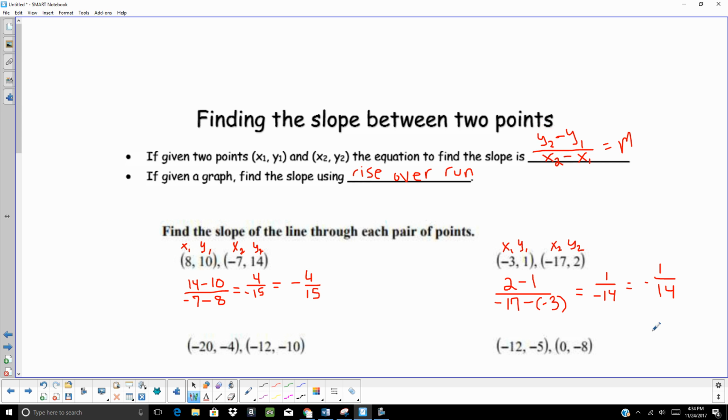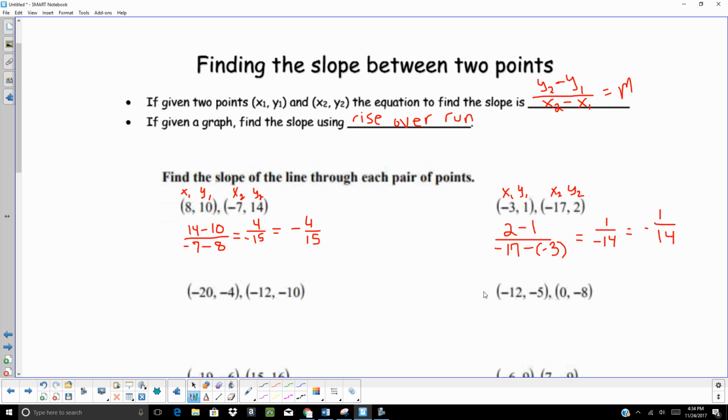You are probably going to get a lot of fractions on this, and that's okay. So let's go ahead and do this one. We're not even going to label it this time. Difference of my y's, 10 minus negative 4. Difference of my x's, which are my first values, negative 12 minus negative 20.